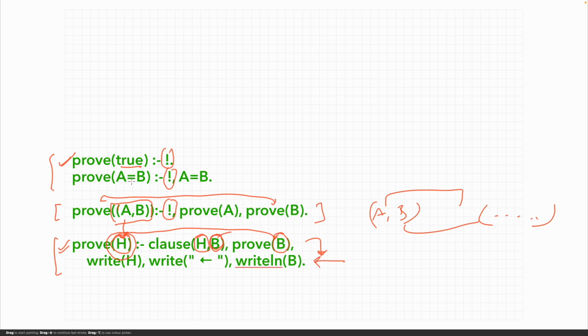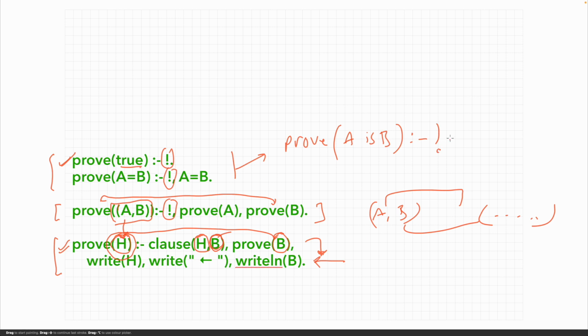We have a built-in. Last time we looked at the unification symbol equals, and that was easier to implement after we thought about it. And this pattern is easily extended. So if you have another built-in like A is B, it's the same pattern.